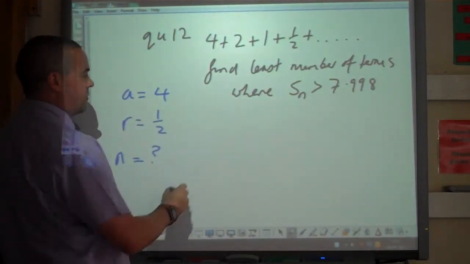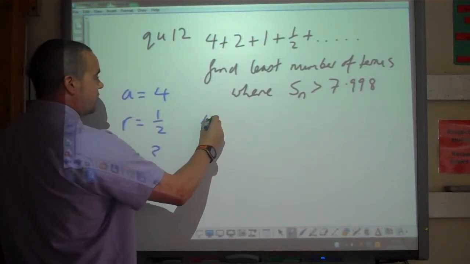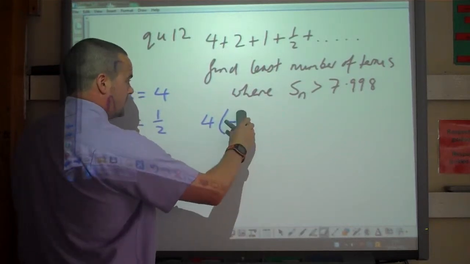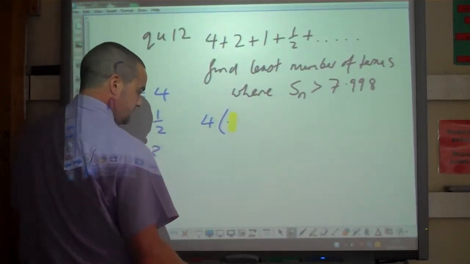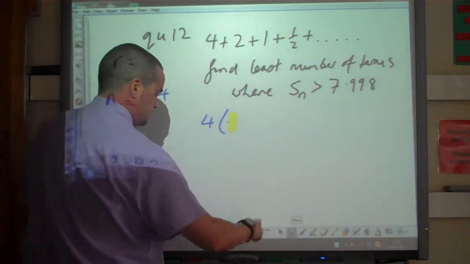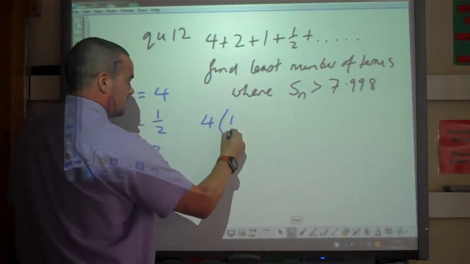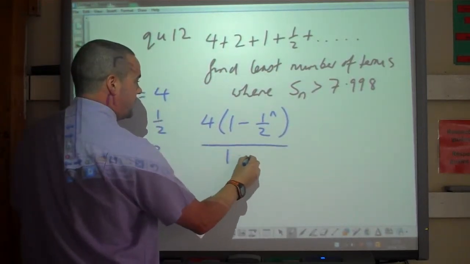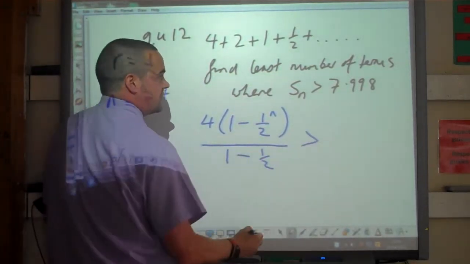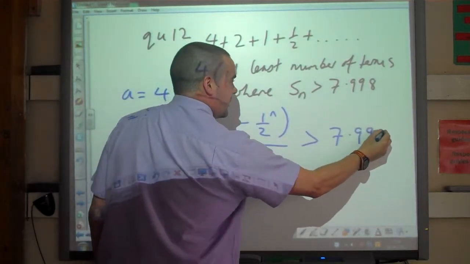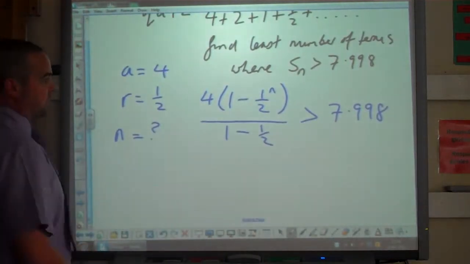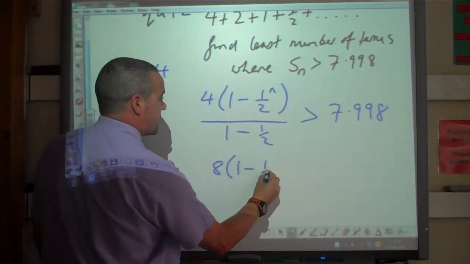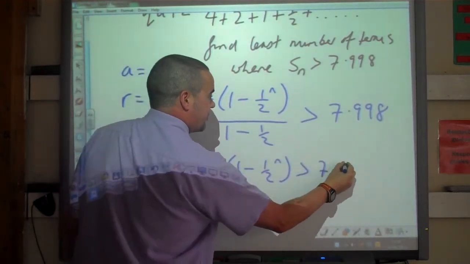Sn we want to be greater than 7.998. Because we've got a half here, we're going to do 4 times 1 minus a half to the n, divided by 1 minus a half, and we want that to be greater than 7.998. This is a half, so a little bit of rearrangement gives me 8 times 1 minus a half to the n is greater than 7.998.